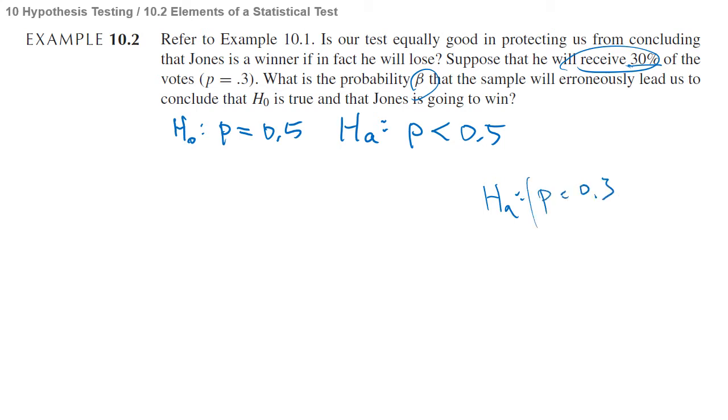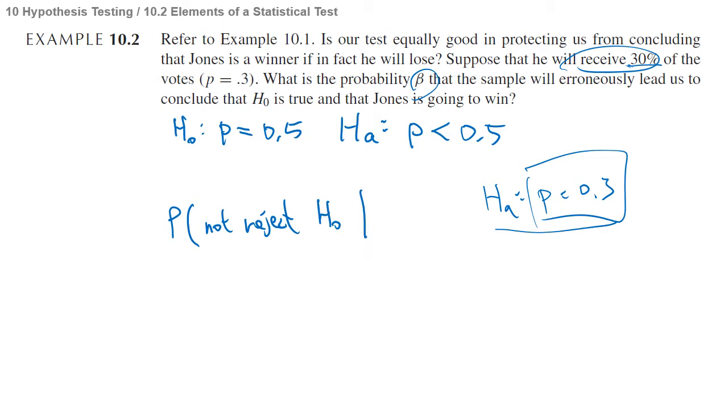If the truth is this situation, what would be the probability that we will erroneously not reject H0? This is the truth, so we should reject H0. But what would be the probability that we do not reject H0 given HA is true, and actually this is p equals 0.3? So this is the type 2 error, beta.